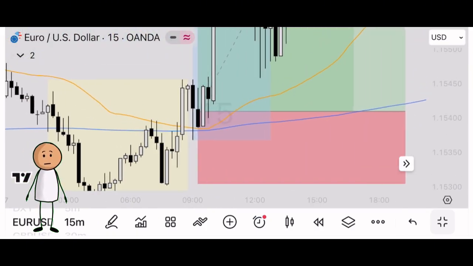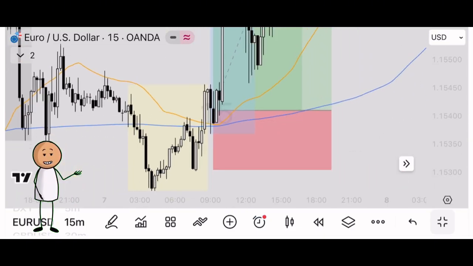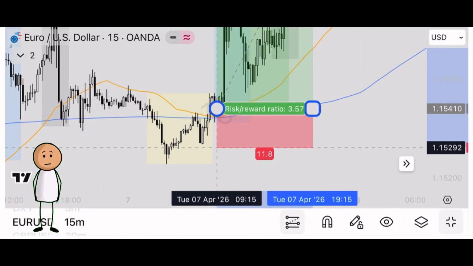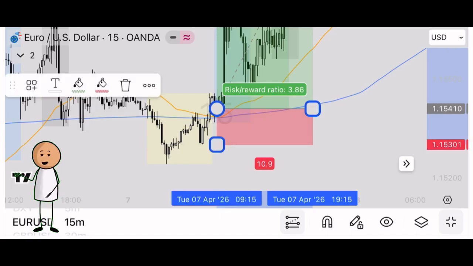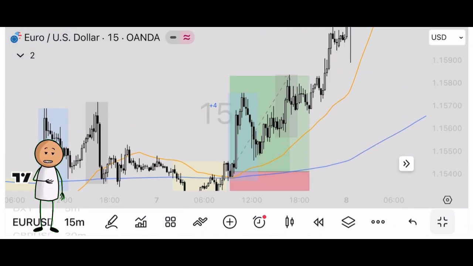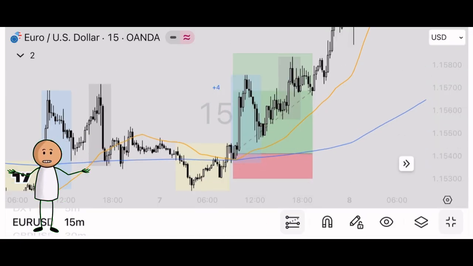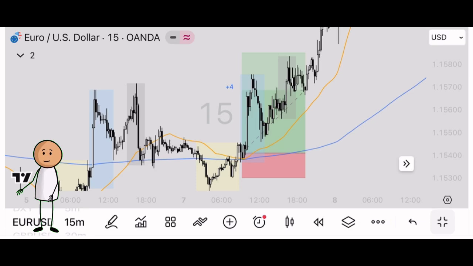So right here we used this favorable gap, then we had a stop loss of 10.9 which is closer to 10, so we targeted 1:4, and simple as that. The market pushed and hit our take profit.